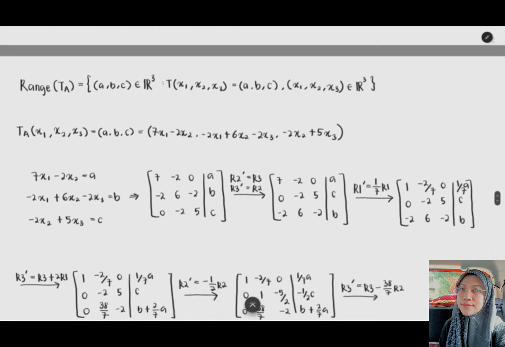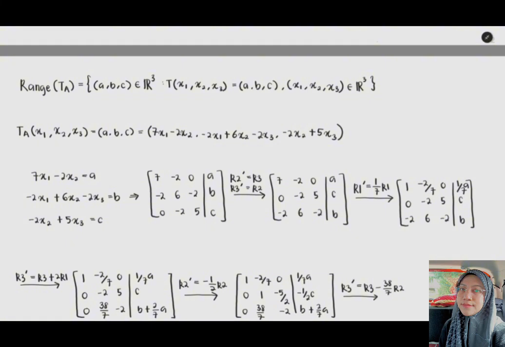Next, we want to find the range of TA, where we understand that the range is the set of all vectors in W, which is R3, that are images under T of at least one vector in V, which is R3. So, in this case, first step we consider that there are three scalars denoted as a, b, and c, and they equal the linear transformation of TA.